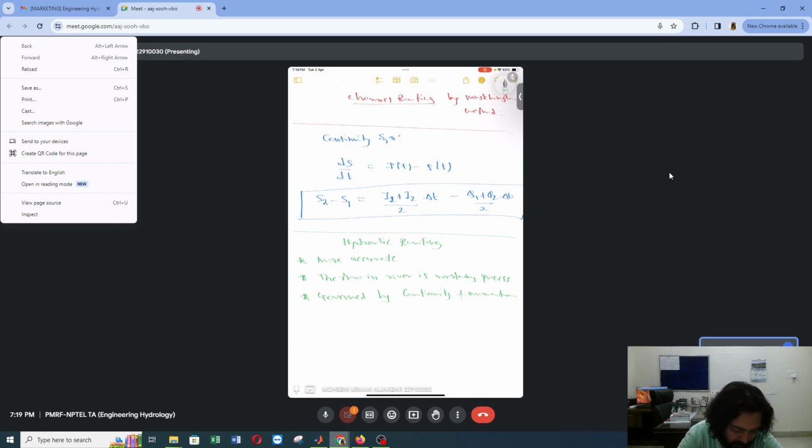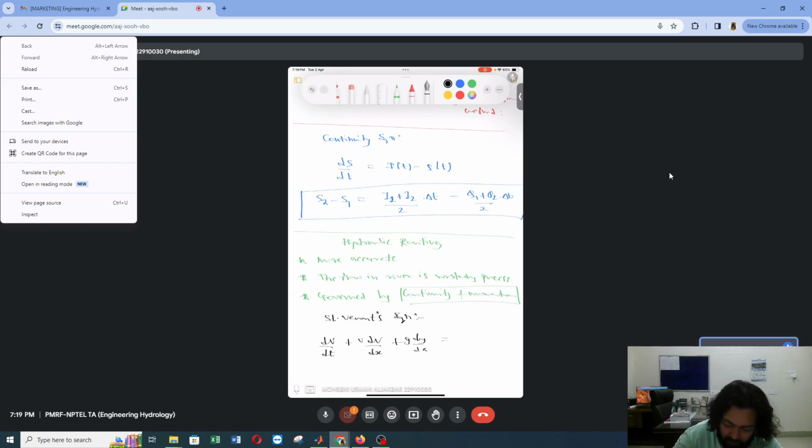Now let us look into the combined equation of continuity and momentum, known as the Saint-Venant equation. It is a really important equation. It is dV/dt plus V dV/dx plus g dy/dx equals g(S0 minus Sf).